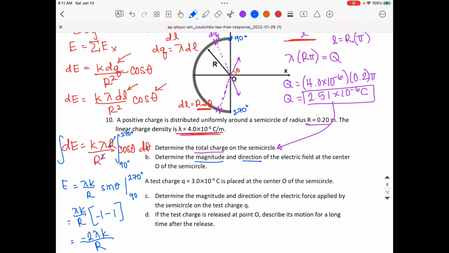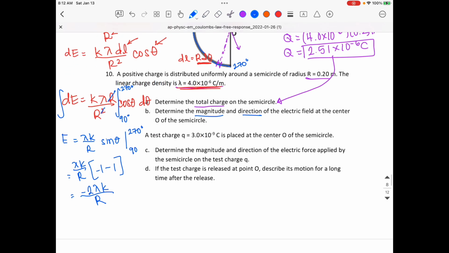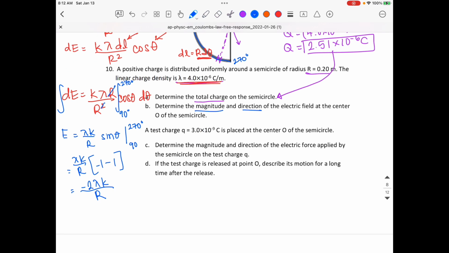It tells me that the value is negative. I'm creating an electric field from a positive charge, so it actually should represent a positive magnitude, and also the direction is to the right. So let's just plug in our values. Lambda is 4 times 10 to the -6.